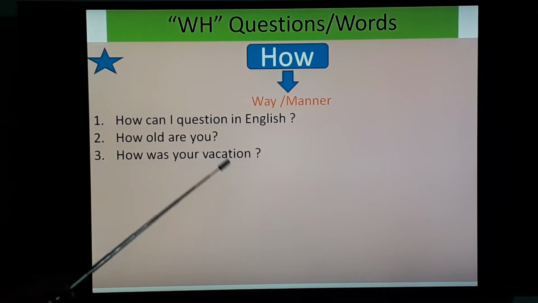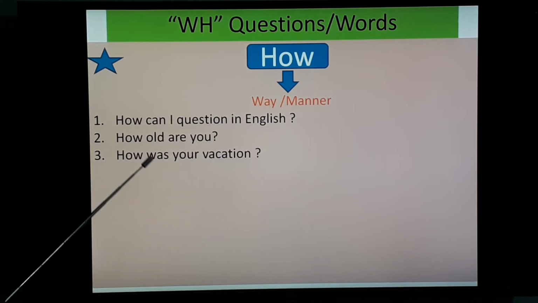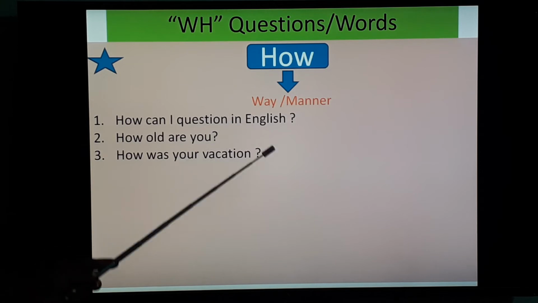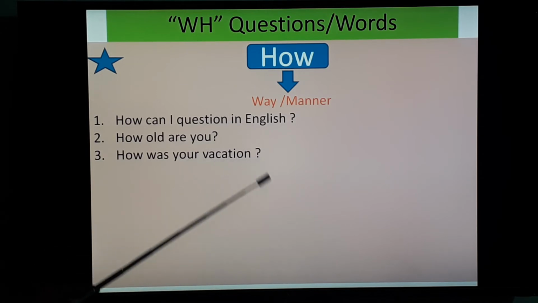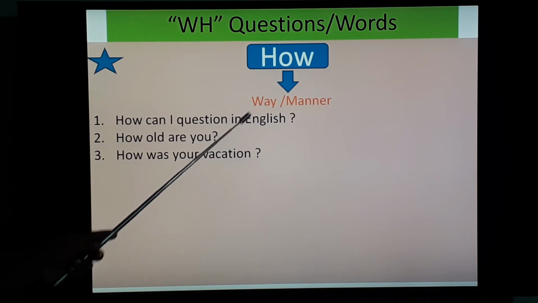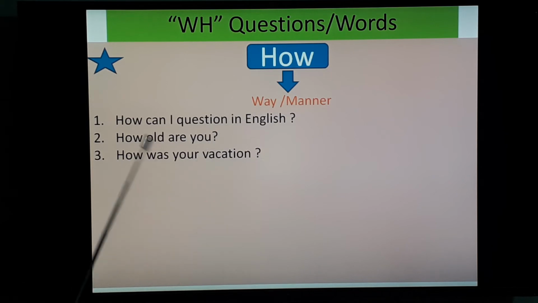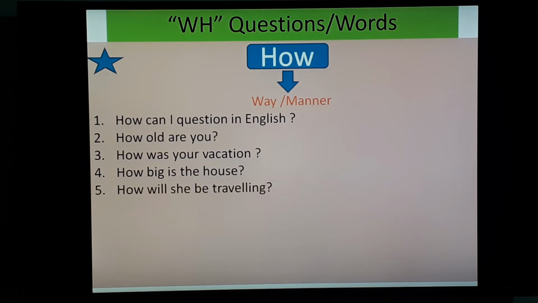How was your vacation? If I say it was amazing, then you have to mention steps: first, second, third. So these are the ways and manners. That way you have to answer. How big is the house? How will she be traveling?